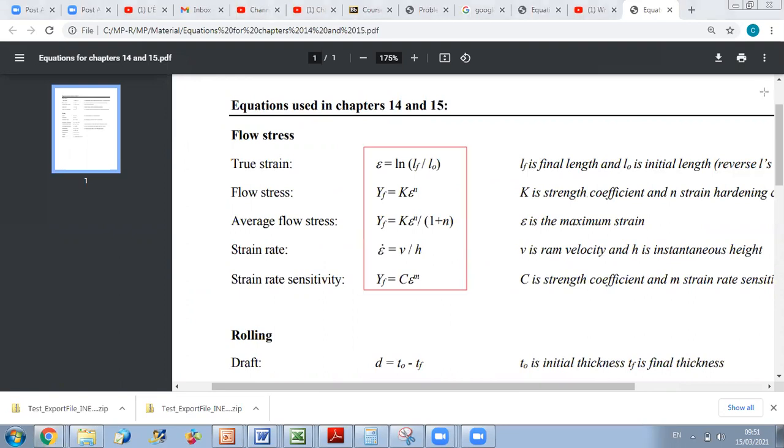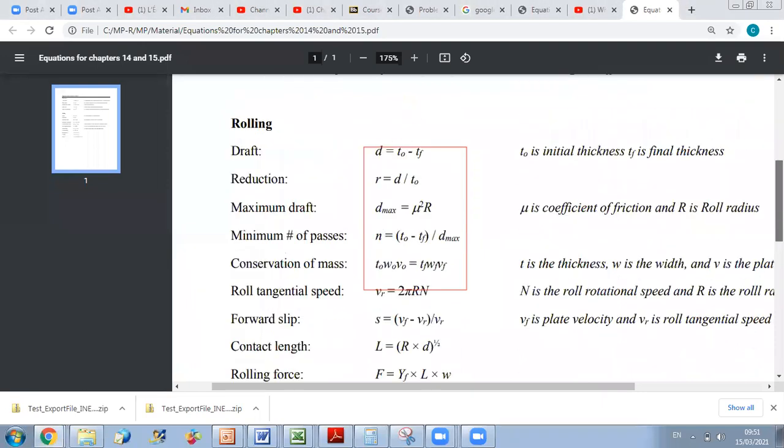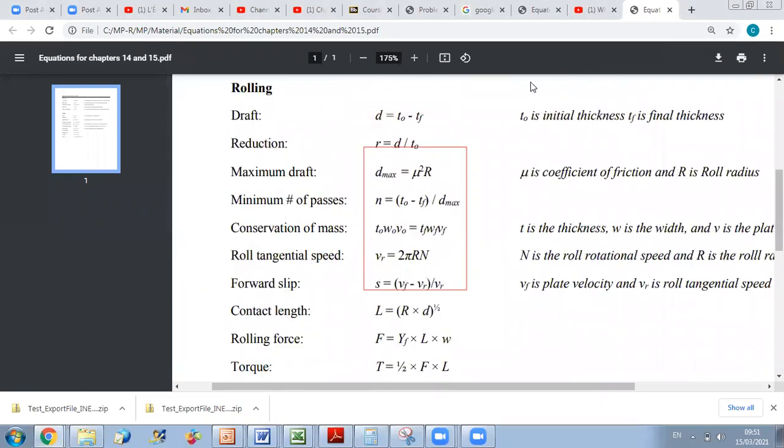Now, with the introduction of chapter 15, we have introduced what is draft. Draft is t0 minus t final, due to reduction in thickness during rolling operation. We have also the reduction factor, which can be defined as the ratio of d over t0. The maximum draft that is possible in a rolling operation is related to the radius of the rolls and the friction coefficient between the two surfaces.